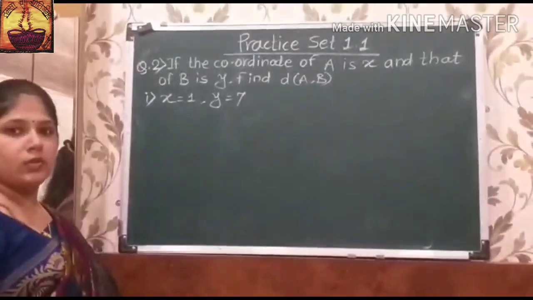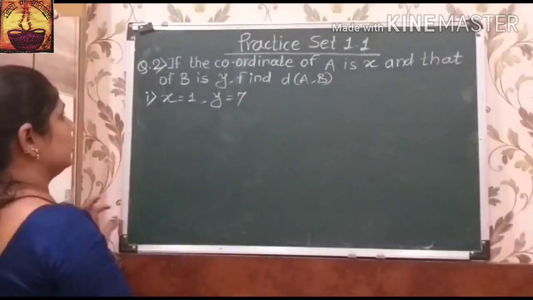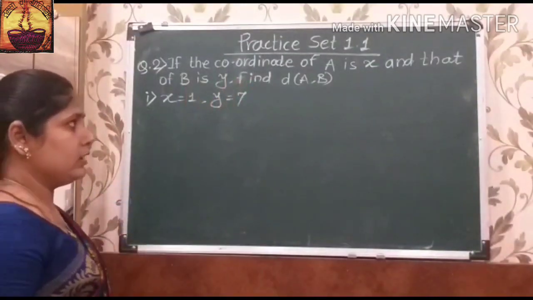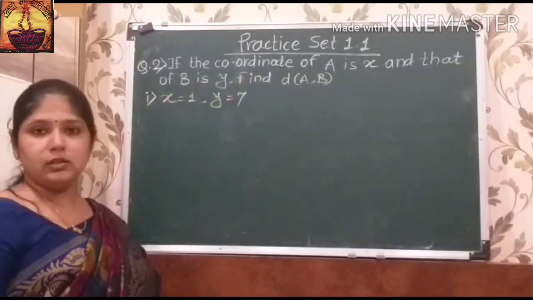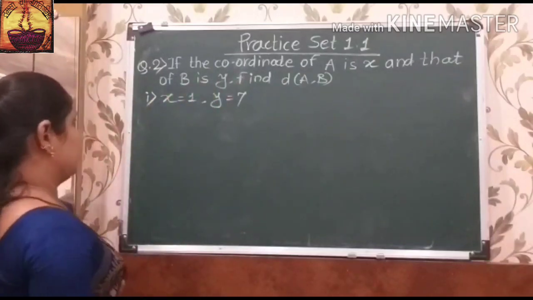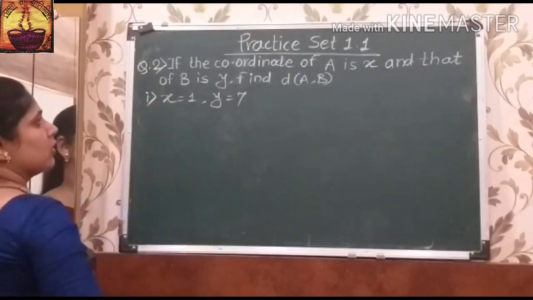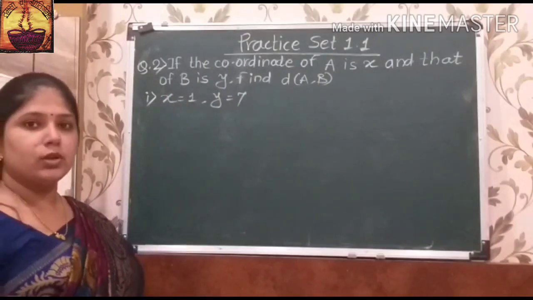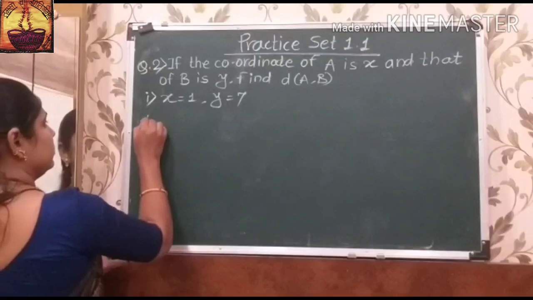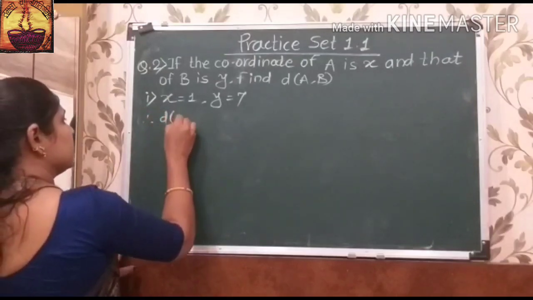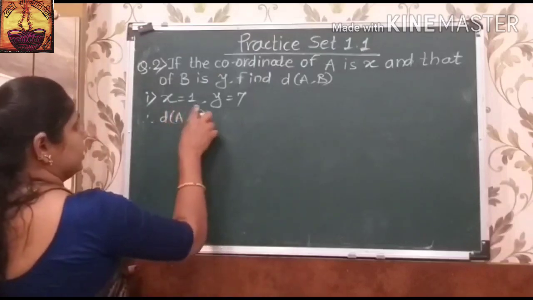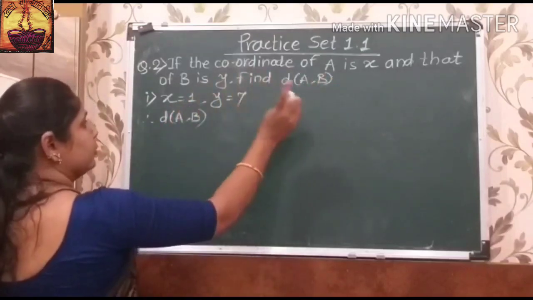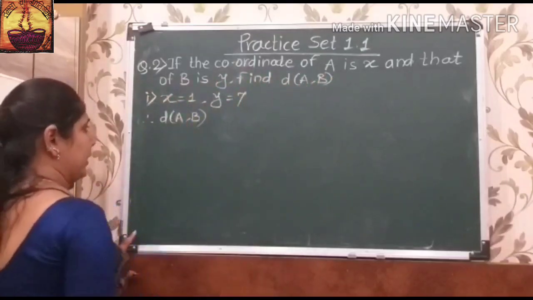Now question 2 is: if the coordinate of A is x and that of B is y, find distance AB. First example, x is equal to 1 and y is equal to 7. For finding the distance AB, we know that A is x and B is y.